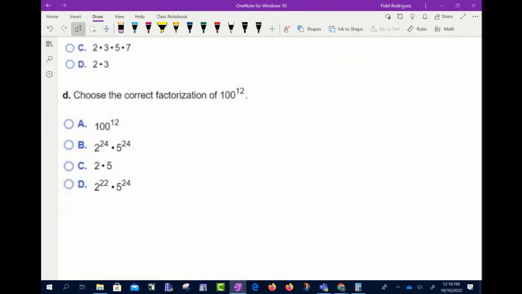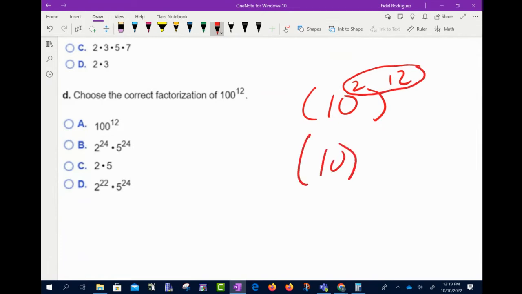It says, choose the correct factorization of 100 to the 12th power. Okay, so first thing I want to do is look at my number 100. Do you guys agree that 100 is the same thing as 10 times 10, which is 10 squared? Now, y'all, remember we had a little rule a little while ago. We said, if those things are being raised to a power, we can just multiply them together.